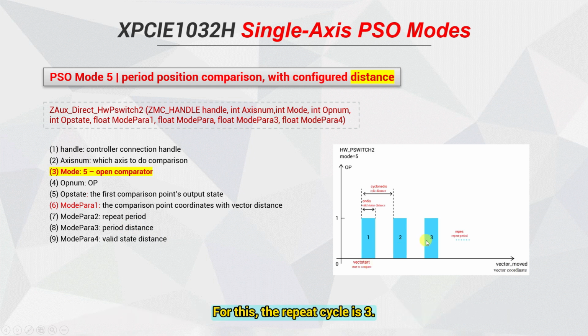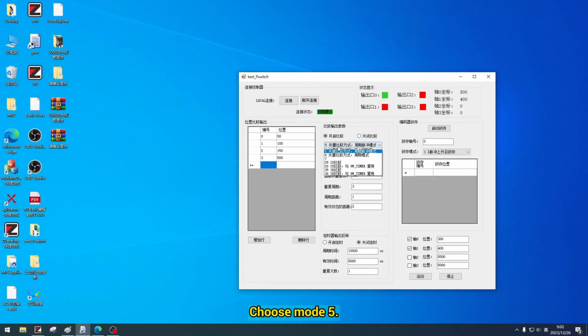For this, the repeat cycle is 3. Next, the period distance, the distance between two periods. Each this distance outputs once. Choose mode 5. Set parameters.